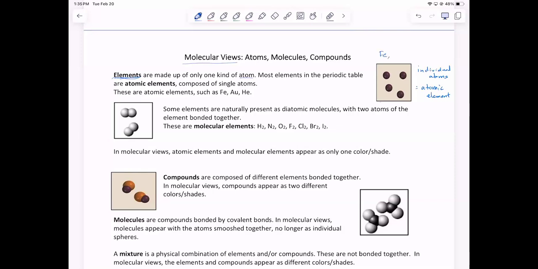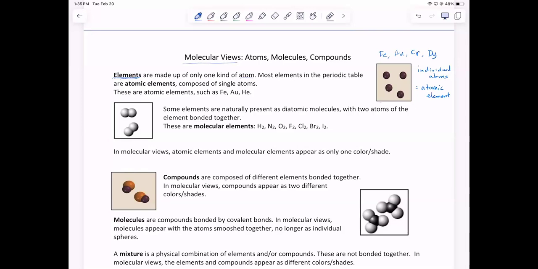It's a chunk of iron, but when you break it down to the smallest part, this is what you're going to get, little individual atoms. Same as gold, or chromium, any of the elements on here, 118 of them, most of them are individual atoms.